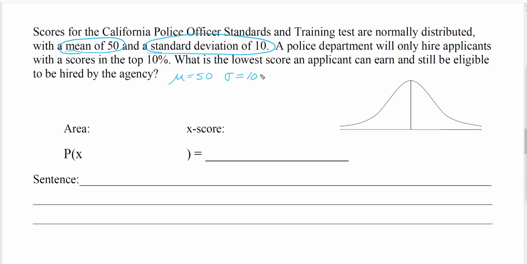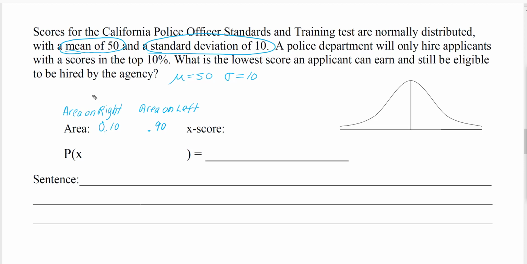So you can think about this in two ways. You can think of that top 10% as 0.10, and this is going to be the area on the right, because it says the top 10%. Or you can think about it as the area on the left is 90%, which is 1 minus 0.10.